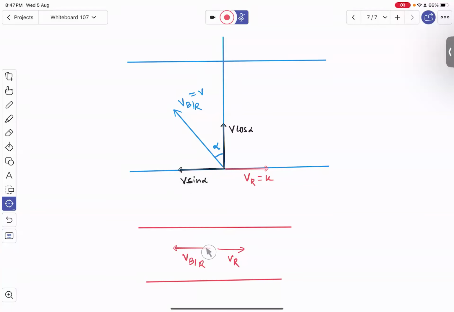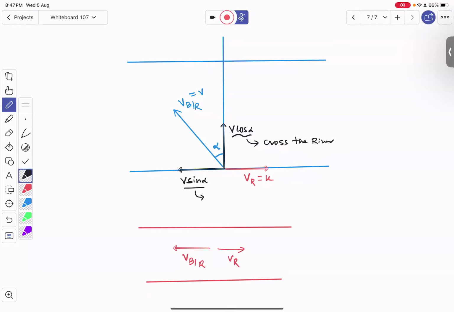Now, in this case, we cannot cross the river because the boat will not have any velocity in the y direction. That's why we travel at some angle, so that one component, V sine alpha, is used to fight the river flow and V cos alpha is used to cross the river.